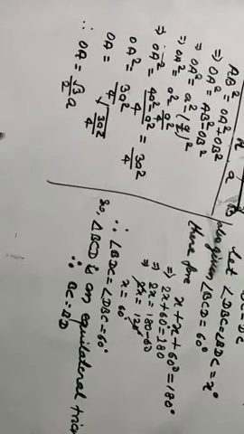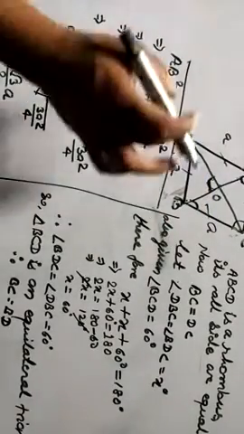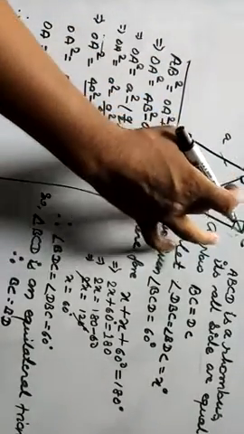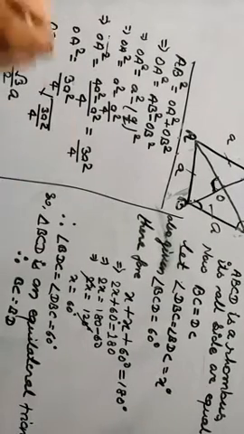But in this question, we have to find the ratio AC to BD. Okay, if OA is found, so students, I am going to erase that one.